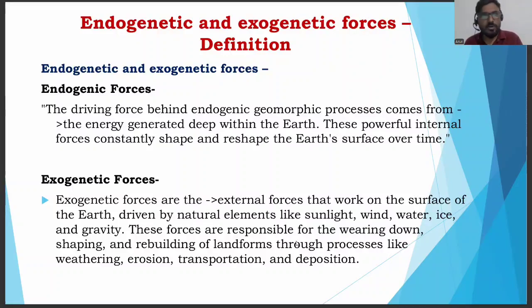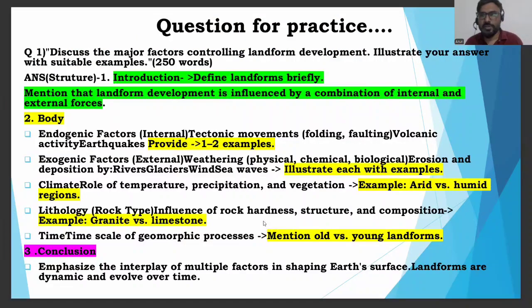The last part of today's session is the question for practice. We have discussed the factors responsible for changing and modifying landforms. There are basically three categories of factors or forces. First is endogenetic forces, which are generated within the earth, for example tectonic forces and volcanism.